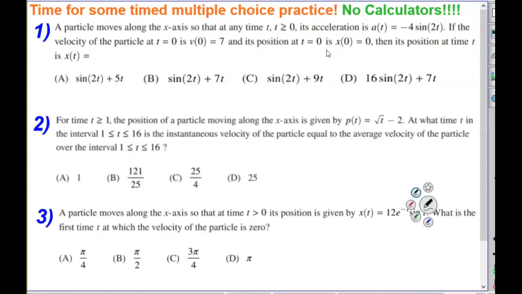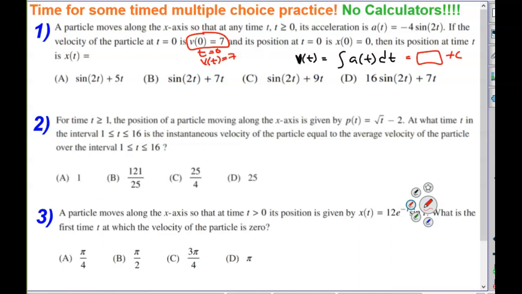So we're not going to set this one up all the way, but if I want to find velocity, I'm going to take the antiderivative of the acceleration, and I'll get an answer plus c. Remember, we don't have bounds here, so I can't put bounds, but I would get a plus c, and then I have to use the point when t is 0, v of t is 7.